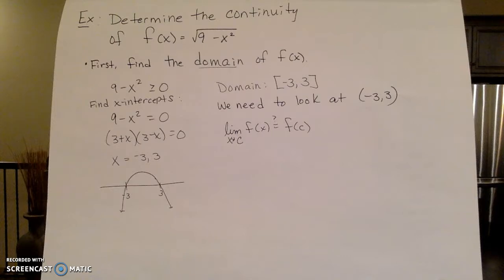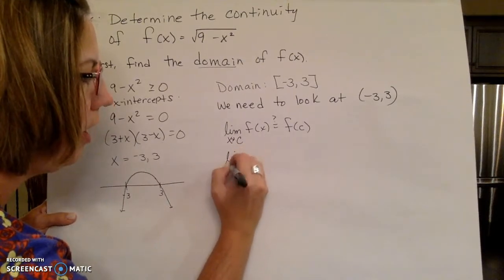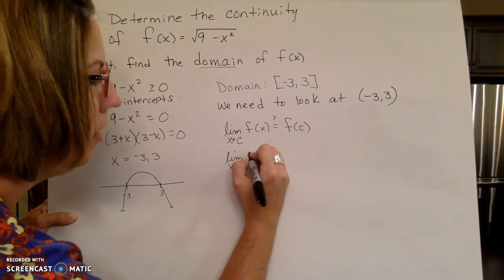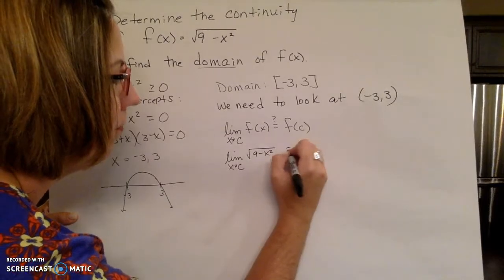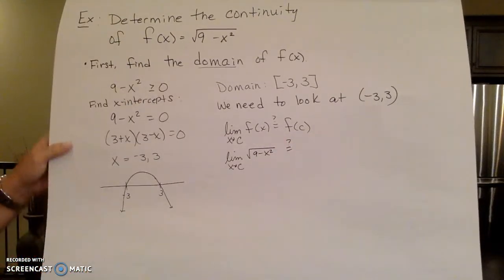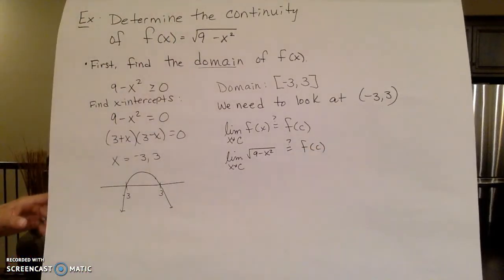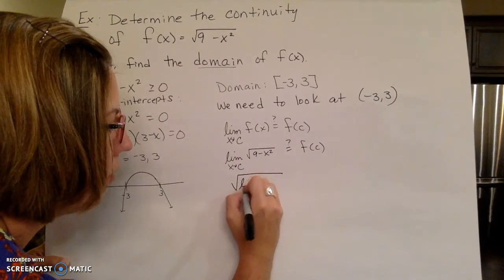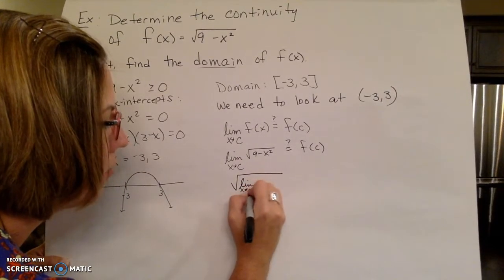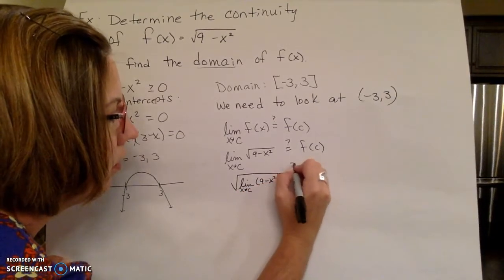So we'll know that this then is going to be the limit as x approaches c of the square root of 9 minus x squared. We want to know again, is that equal to f of c? But this limit, we know we can rewrite as the square root of the limit as x approaches c of 9 minus x squared.